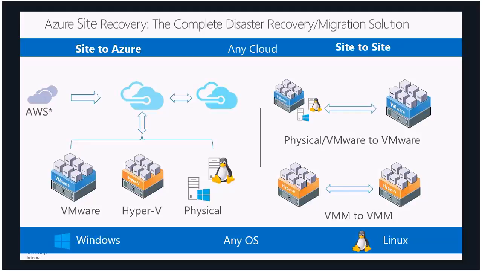So it's not just going from our traditional on-premises data centers into Azure specifically. It can still have the mitigation and coordination between our two physical data centers if we already have two or multiple running in our area.